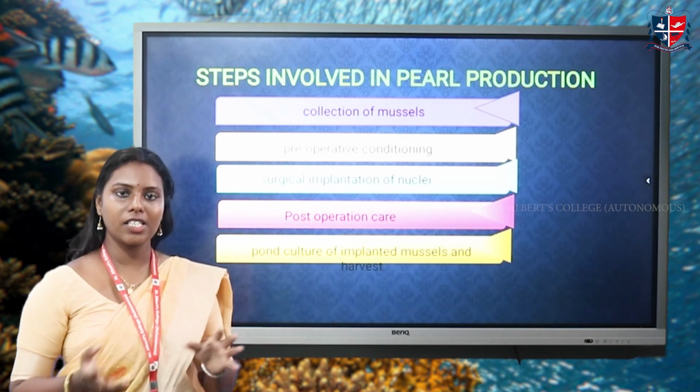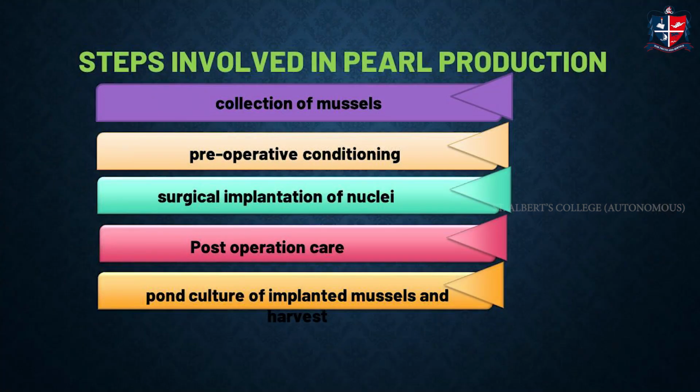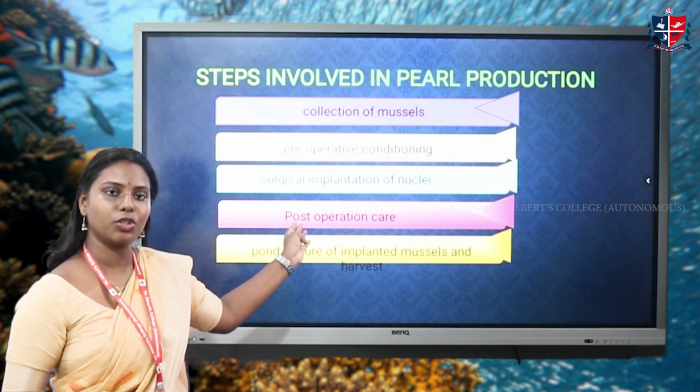In the surgical method, we incorporate an external material into the mussel so that nacre is secreted over it and formed into the pearl. So the third step is surgical implantation of that nuclei. The next step is the post-operative care.